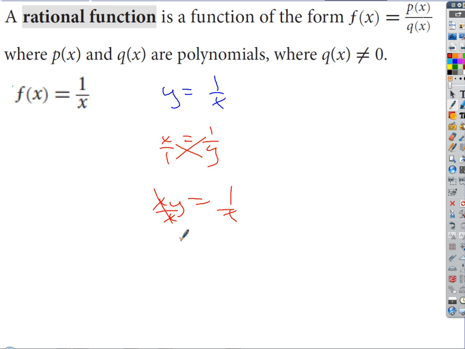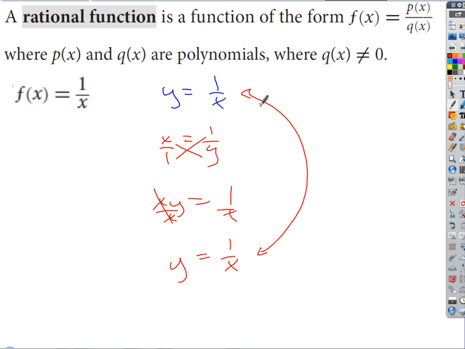I end up with y equals 1 over x. How about that? Its inverse is itself. So that's another reason that we call it the inverse function. I always kind of associate it with the fact that it's a reciprocal of x. That's usually what I think people mean by it. But it just turns out that it is its own inverse also.